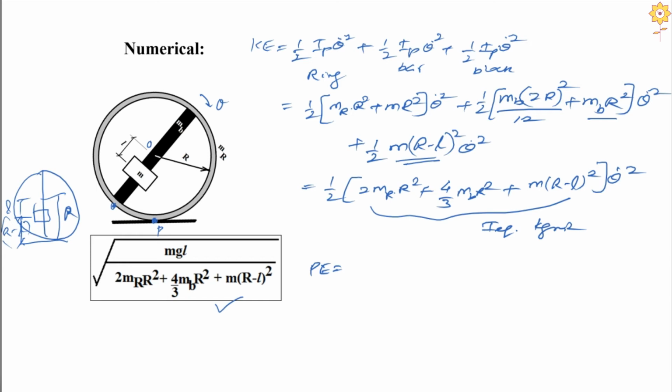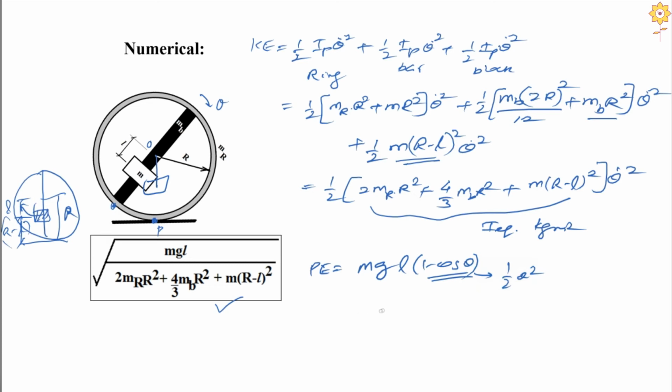So what is the expression for this? Initially the mass was over here, and then it has gone upwards, so it behaves like a simple pendulum. So m g into the height difference. Earlier it was like this, and then it has been like this. So it should be L into (1 minus cos theta), and if theta is very small, this is nothing but half times theta squared.